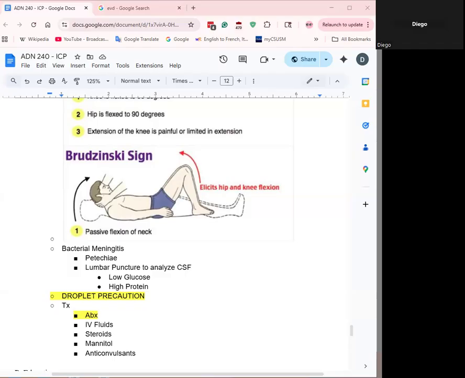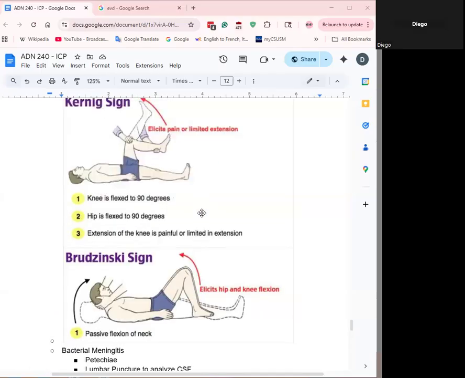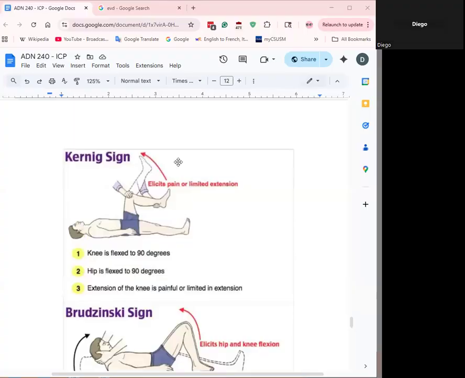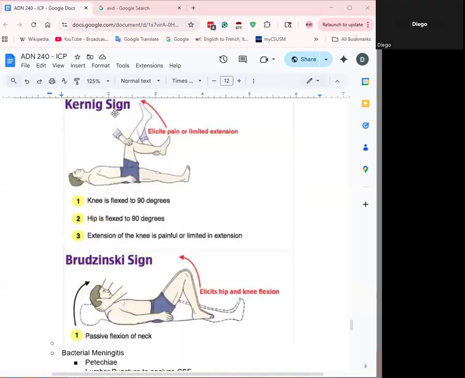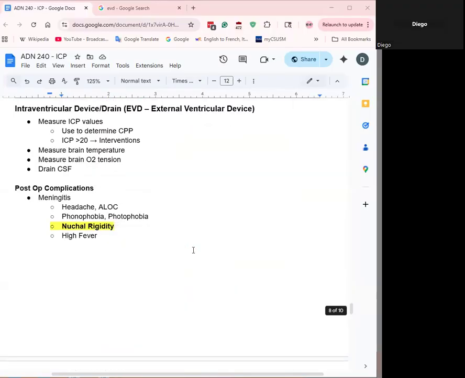I'm thinking the idea is because it's so inflamed, movement of one thing makes something bump into another thing, causing movement of the other. But if you ever see Kernig sign, Brudzinski sign, that's what that's referring to.